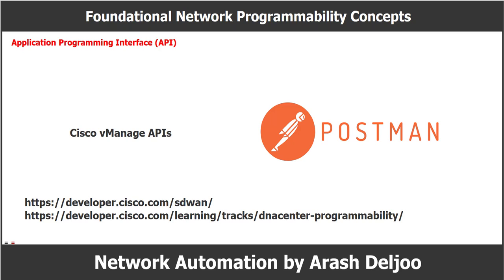Detailed steps for setting up the Postman environment for Cisco SD-WAN are available at https://developer.cisco.com/sdwan, and the Cisco DNA Center Postman environment setup steps are available at https://developer.cisco.com/learning/tracks/DNA Center Programmability.